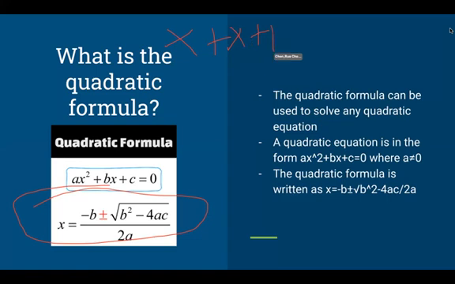For this, we say it has no solution, because if you apply this formula, you'll get a negative number under the square root. So the formula cannot apply to this unless you are allowed to give imaginary numbers. But we are not going to talk about imaginary numbers here.